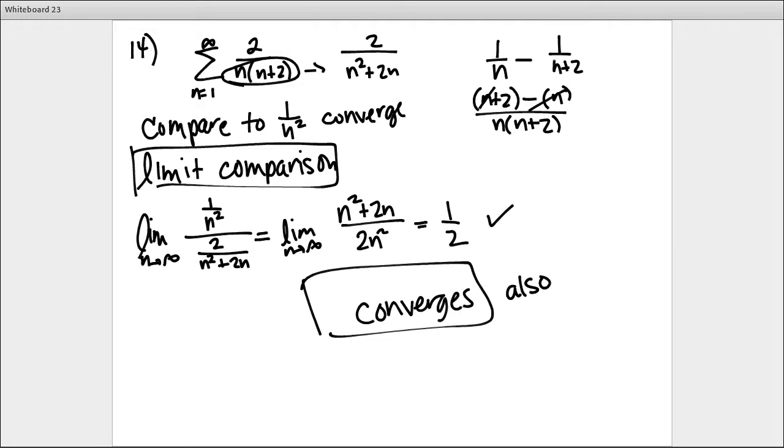14 as it sits is also a good one to look at too. Practice those telescoping by expanding it out and doing it. But be careful, because here was the original 14, it looked like that.